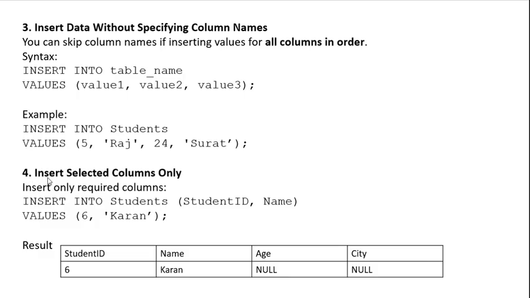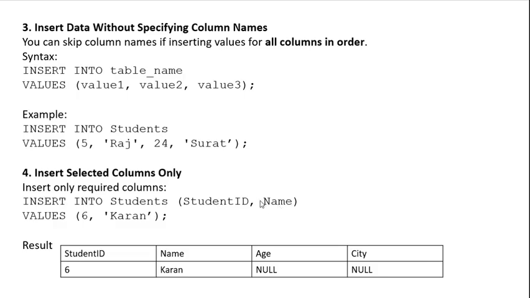Fourth is inserting selected columns only, inserting only the required columns. INSERT INTO the table name student, and inside the brackets two columns, student_id and name.